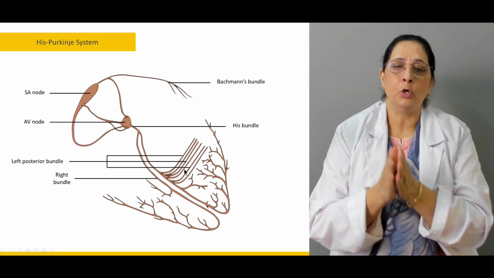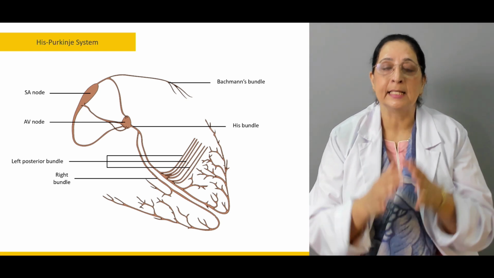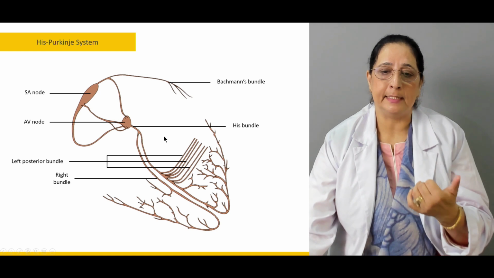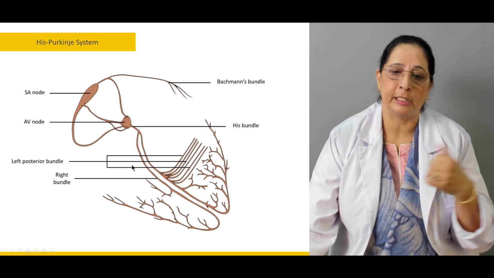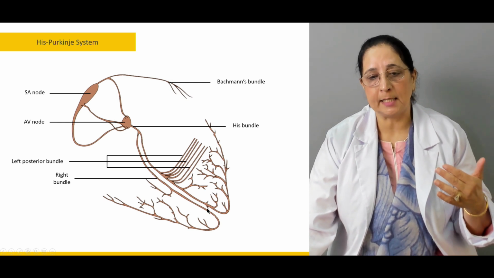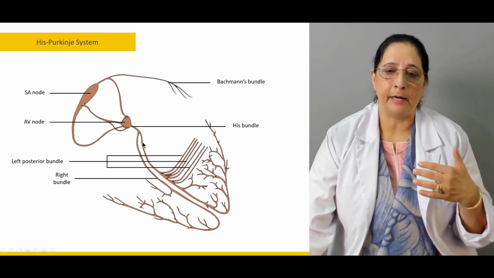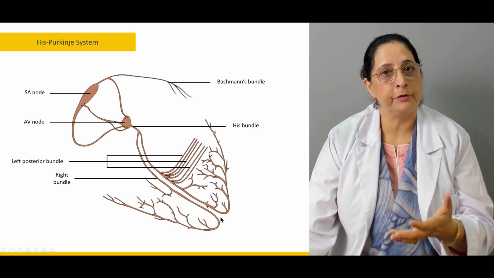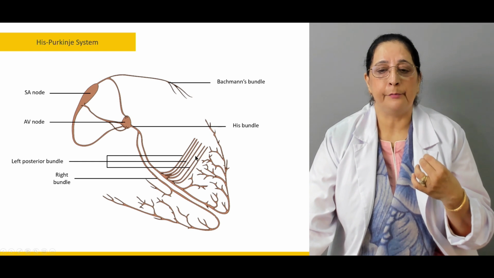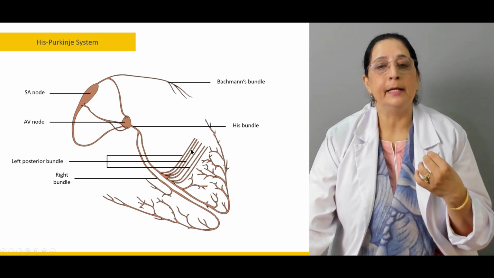So SA node, AV node, and from the AV node, the bundle of His divides into the right bundle branch and left bundle branch: the right bundle branch to the right side of the heart, to the right ventricle, and the left bundle branch to the left ventricle, also giving branches which are known as the left posterior bundle branches.